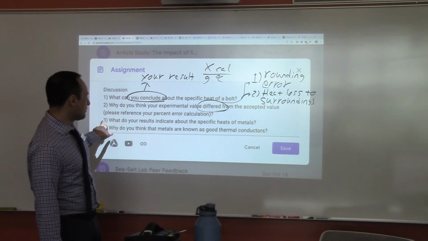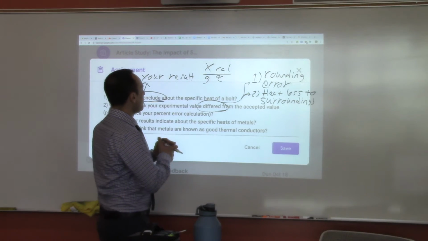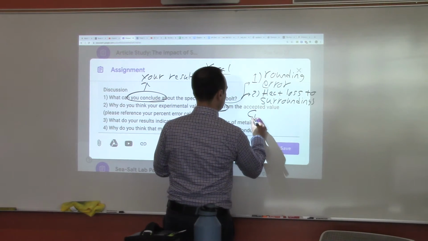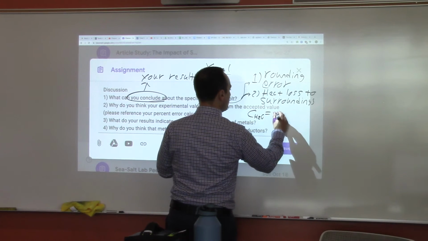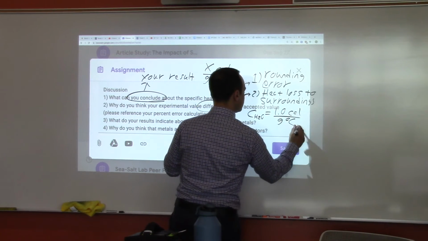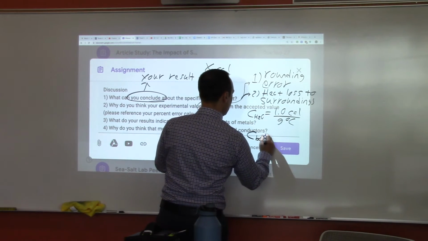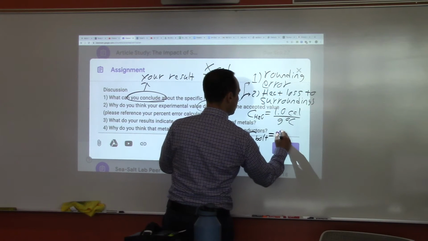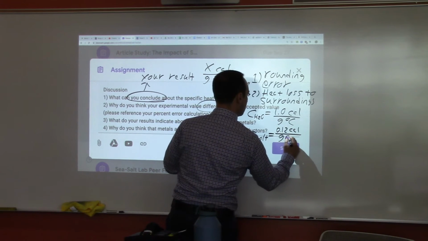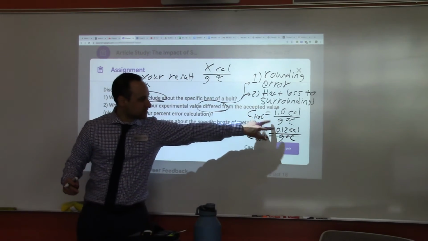All right, what do your results indicate about the specific heats of metals? Think again about water. Water has a specific heat of 1.0 cal per gram degrees Celsius, and your bolt, which was made out of carbon steel, was roughly 0.12 cal per gram degrees Celsius. What's the difference between these two?